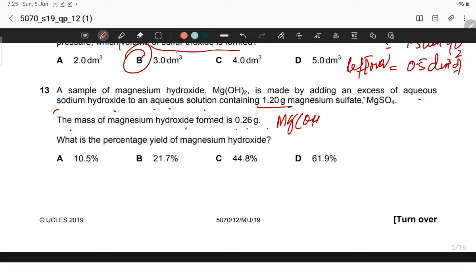Magnesium sulfate, MgSO4, plus excess sodium hydroxide, NaOH, to form magnesium hydroxide.